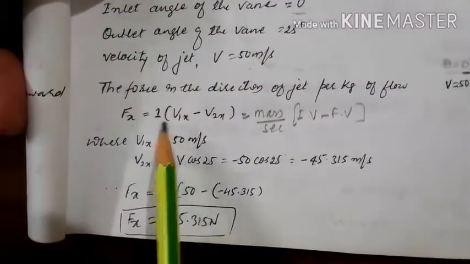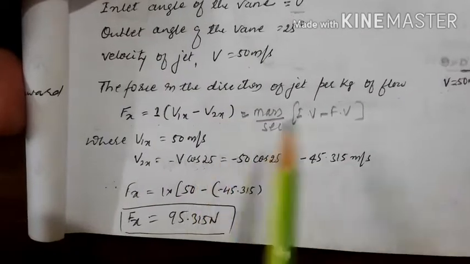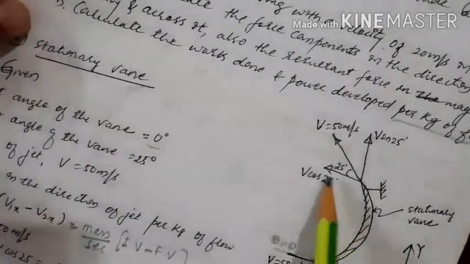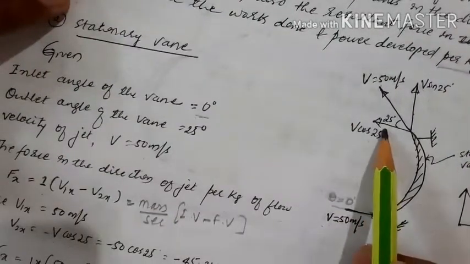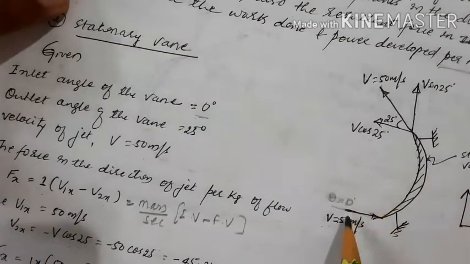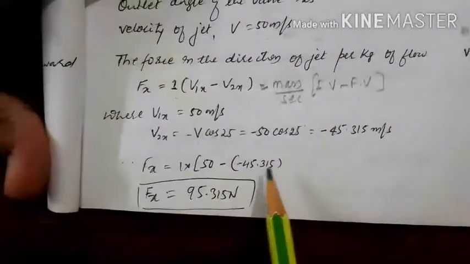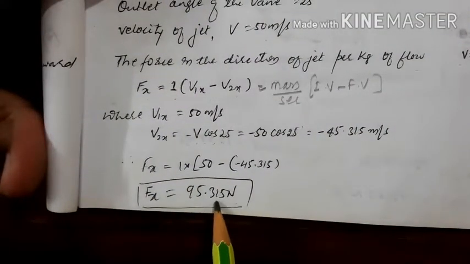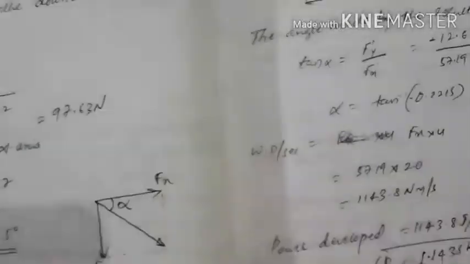Substitute directly 1, then v1x minus v2x. v1x is given and v2x is equal to minus v cos 25, because the jet is exiting in the opposite direction of the incoming jet. This is the incoming direction, this is the outgoing direction. Then we get finally Fx as 95.315. Then similarly we calculate Fy.